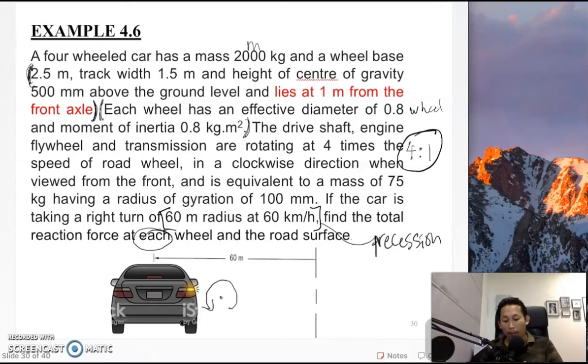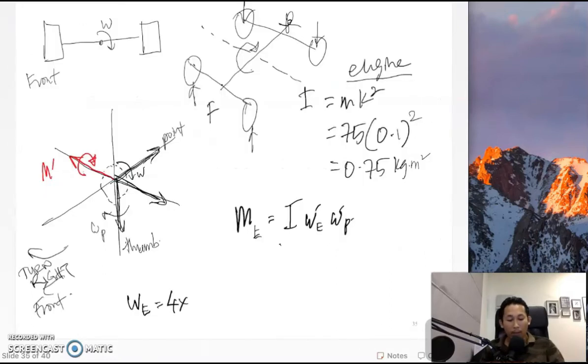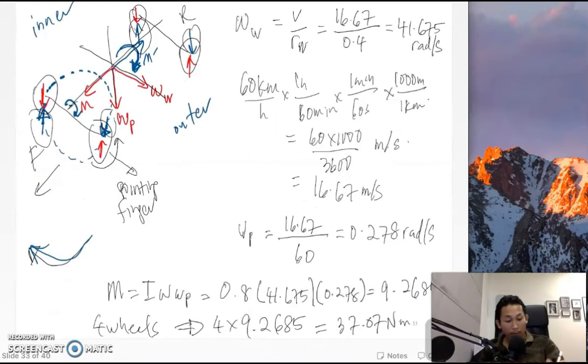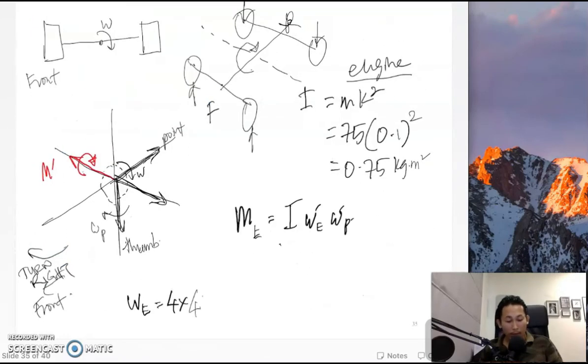So we can calculate omega E as 4 times 41.675 radian per second, which equals 166.7 radian per second.